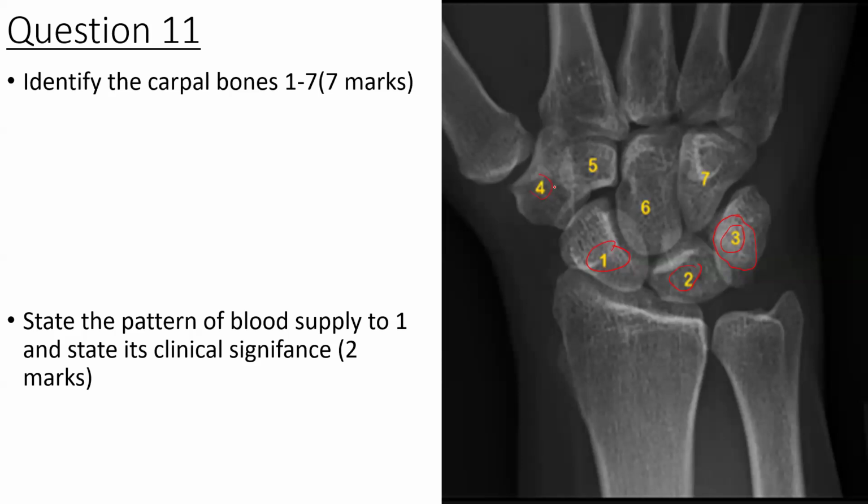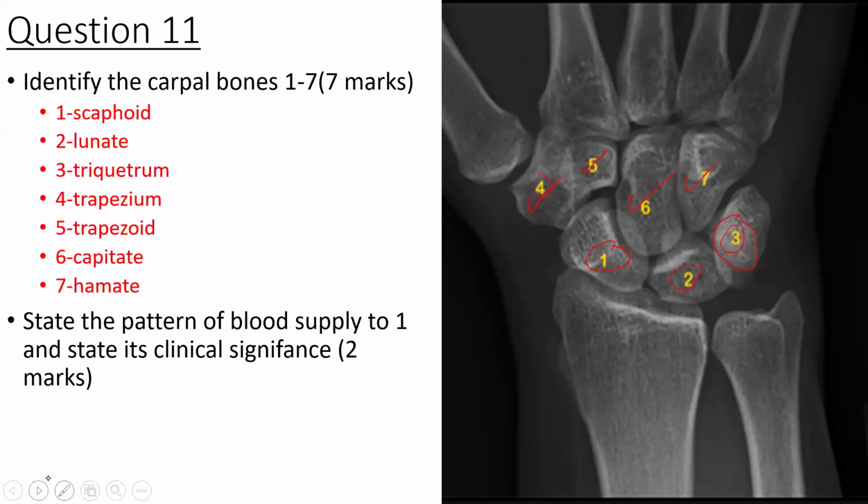So trapezium 4, then 5 is trapezoid. 6, what is 6? Capitate. 7, hamate. Please know those carpal bones. I will ask you again and again. Please know the carpal bones.